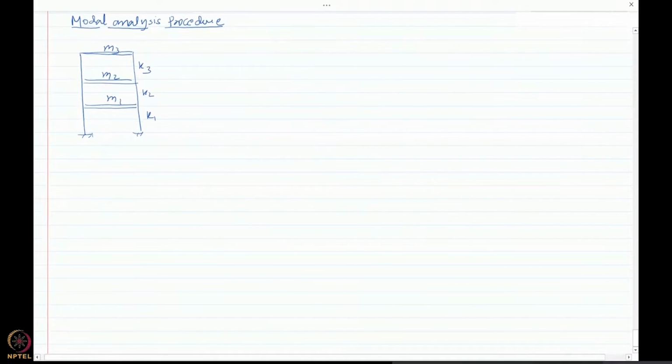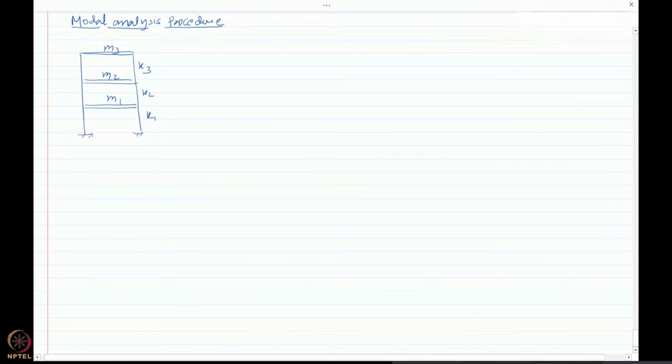So what I basically have here is, let us consider a 3-story building. And this 3-story building has masses at each level, M1, M2 and M3. Okay, and the story stiffness are K1, K2 and K3. Now, there is a ground motion.